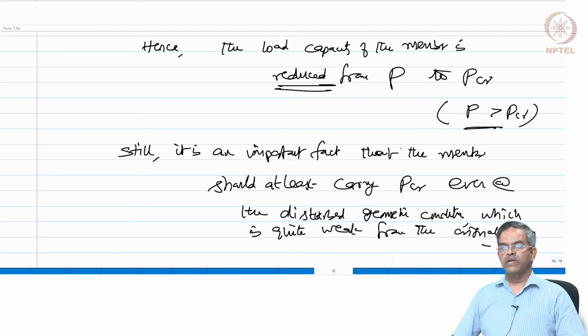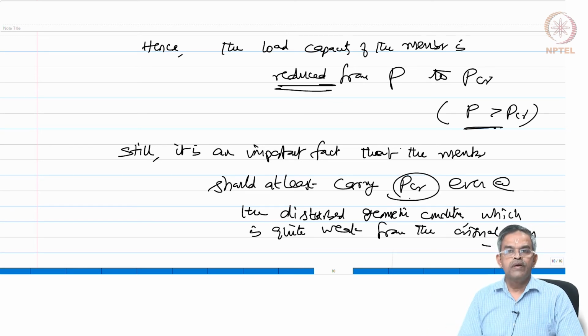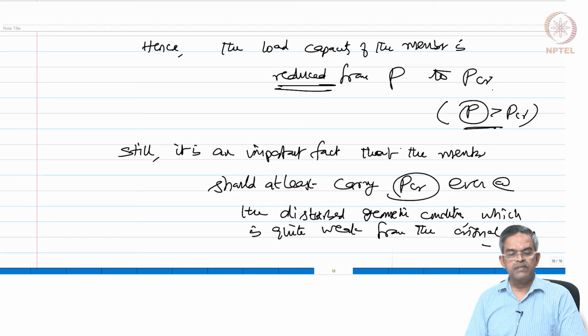So, please understand friends, the load capacity at the changed or disturbed geometric form is not 0. It is PCR, and we believe that PCR is much lower than P, the original capacity, but still the load capacity is not 0. It is having some critical load carrying capacity. That is what is estimated using Euler's criteria.